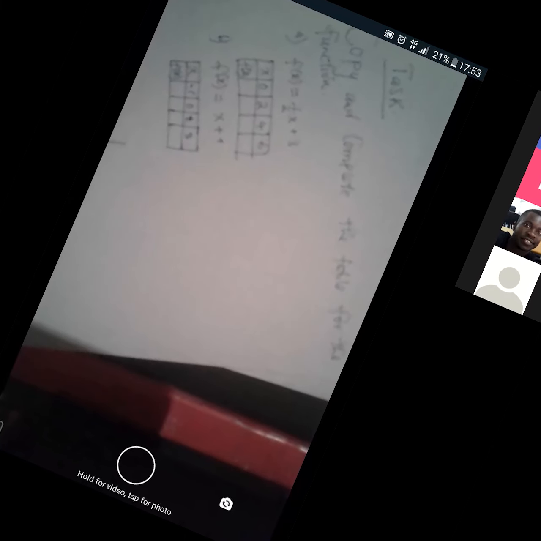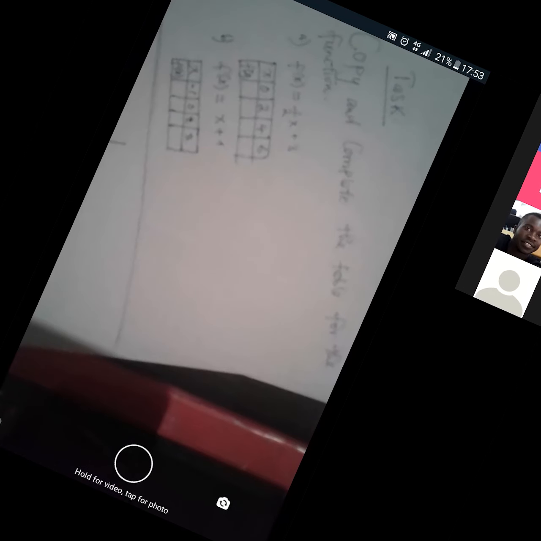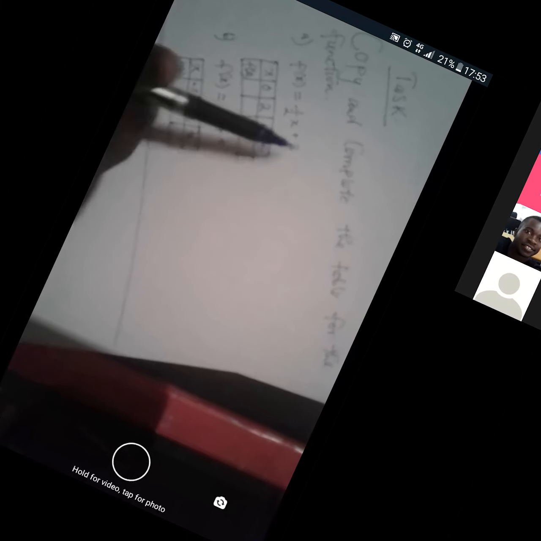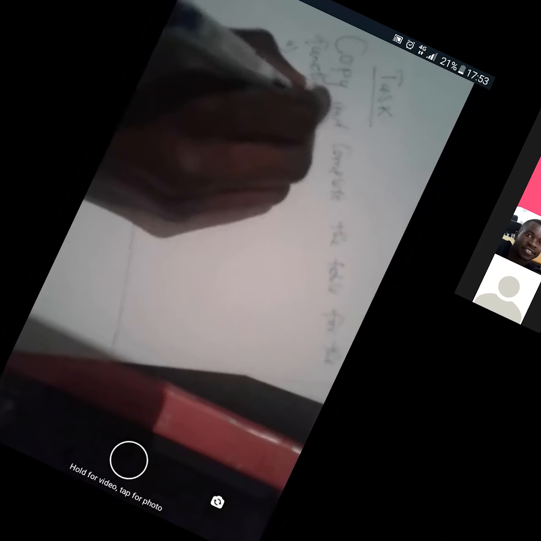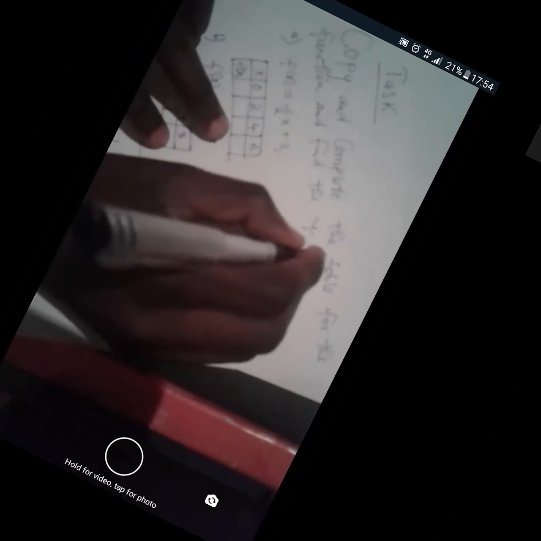These two questions. Okay, let me add one more question here. I want you to tell me the function, and find the y-intercept.